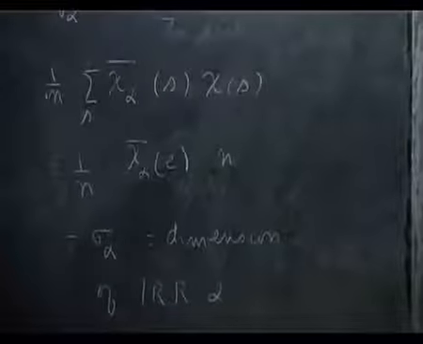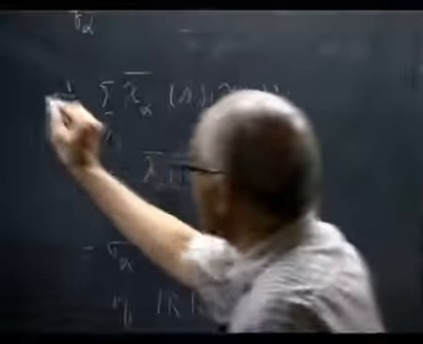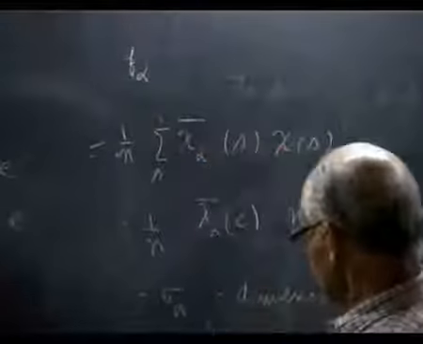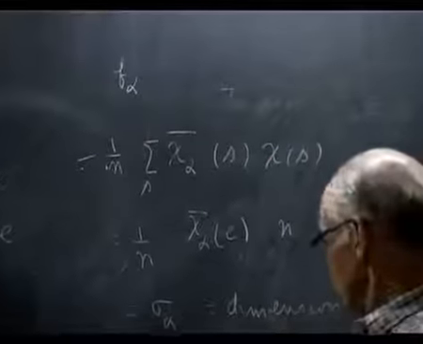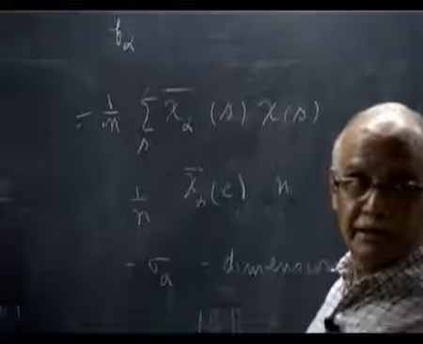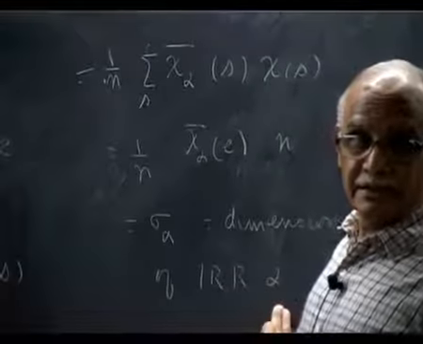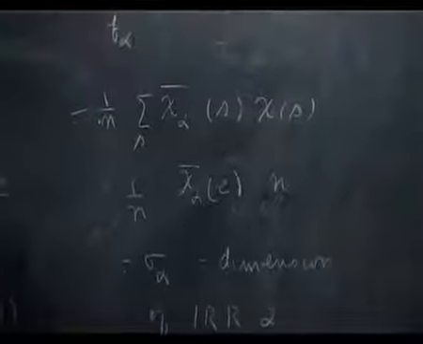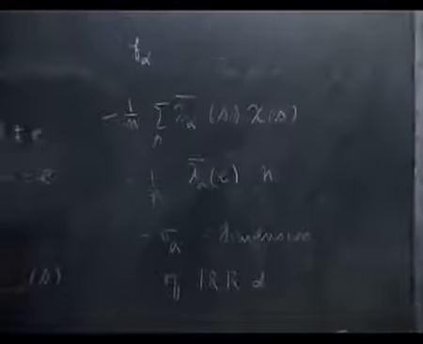So what have you discovered? The number of times the irreducible representation alpha occurs in the regular representation is equal to its dimension. So we get this incredible result.